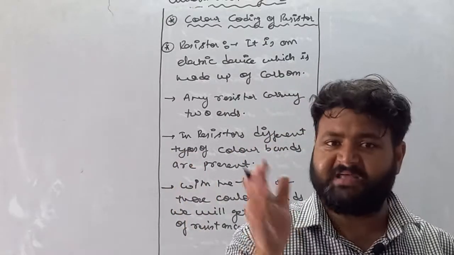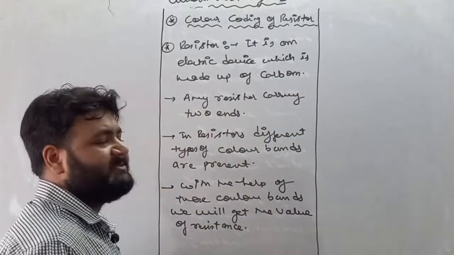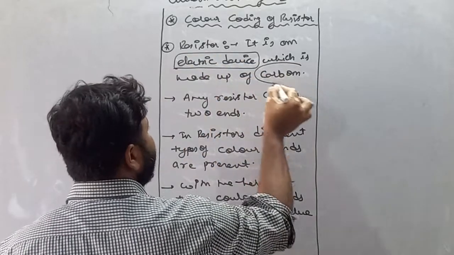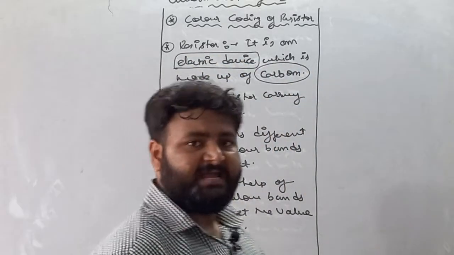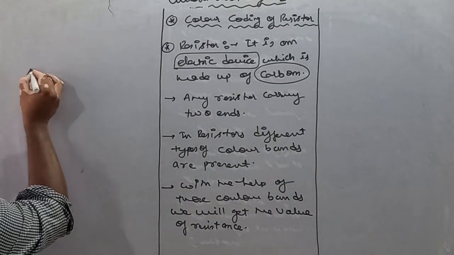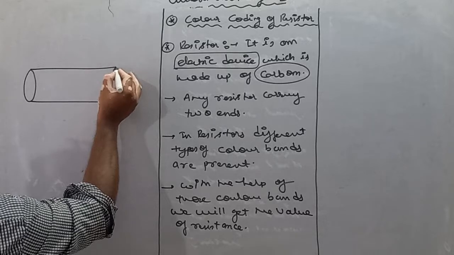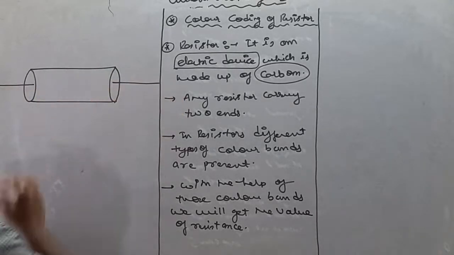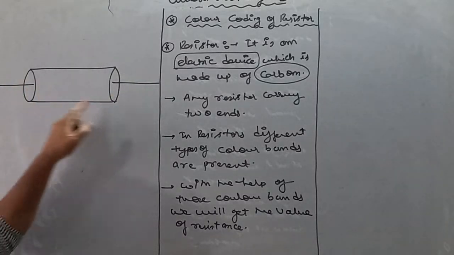So remember, the very first thing is, a resistor is basically nothing but an electric device which is made up of, my dear student, carbon. Any resistor carries two different ends. It looks like this. This type of cylindrical structure is called a resistor.